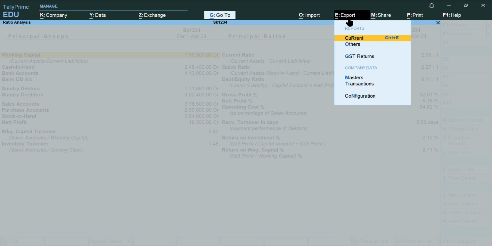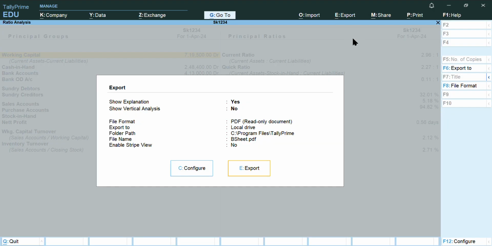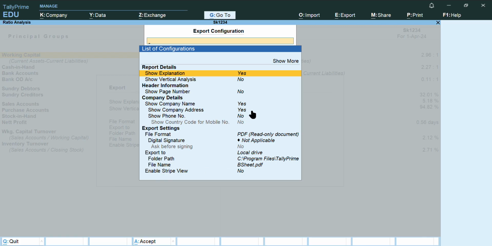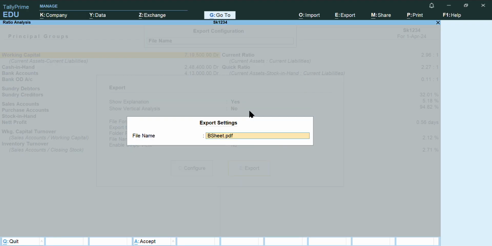Go to export, current sheet. By default the file name is coming as balance sheet, so configure it. Go to the arrow keys, and come here to the file name. Enter. Now change the name to ratio analysis.